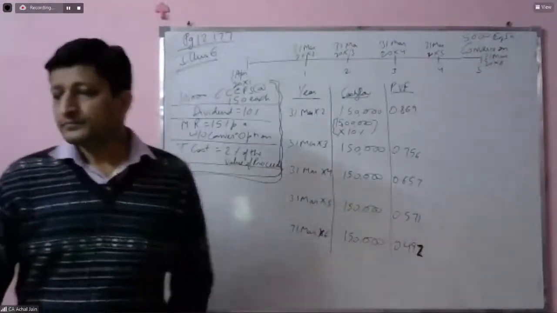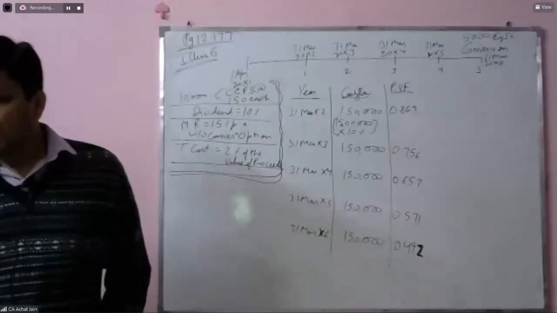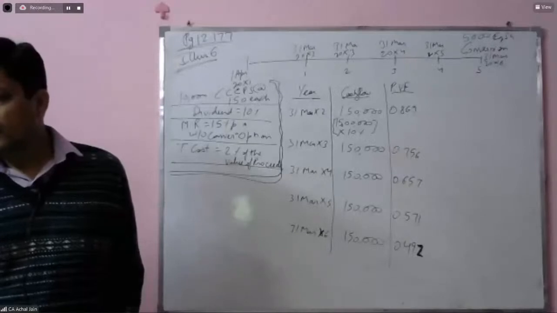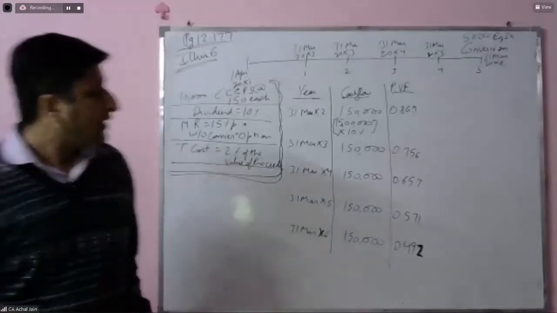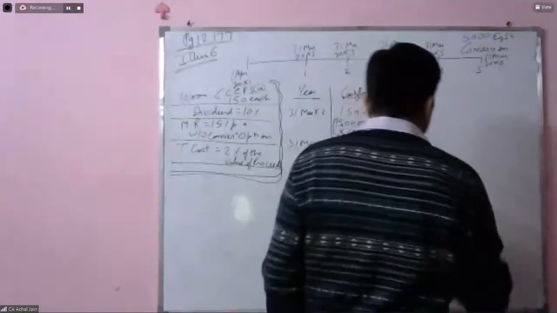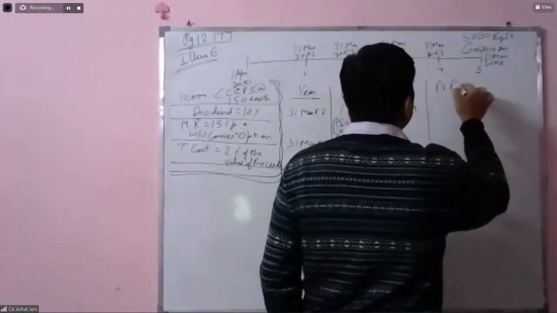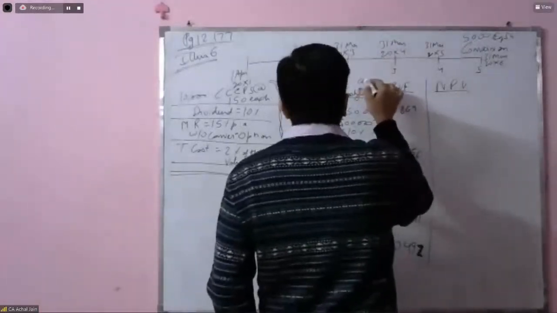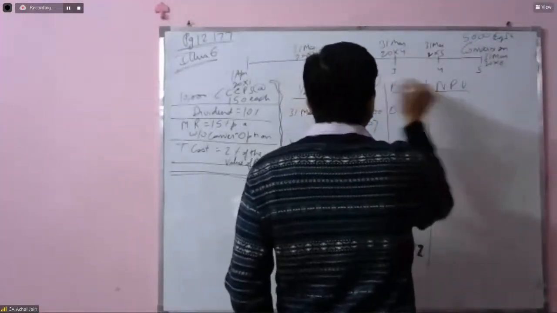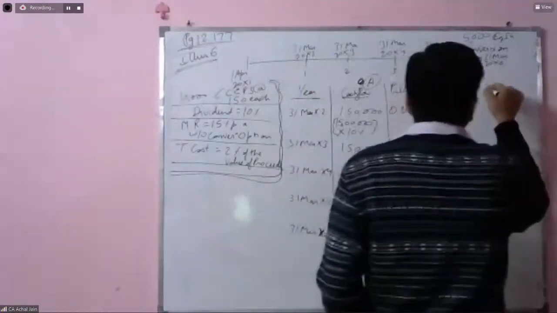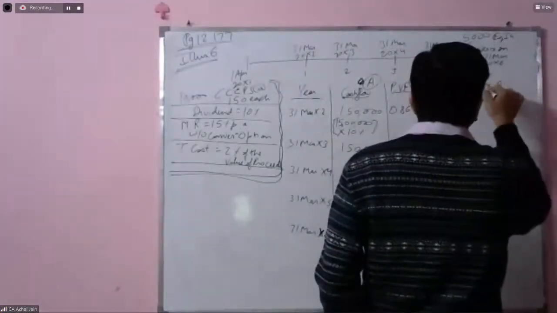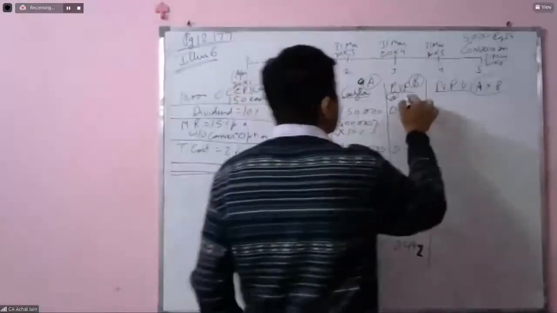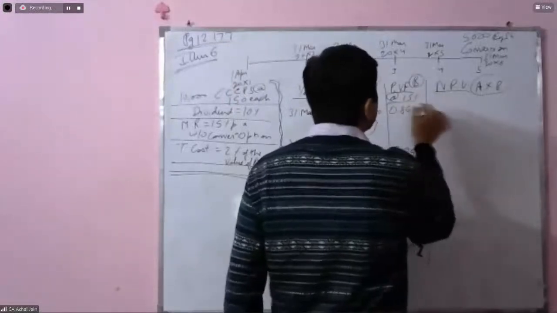Done? All of you? Yeah? Okay, so then we will now compute the net present value, which is nothing but A into B. A into B. And this is something for which we use the market rate of 15%.